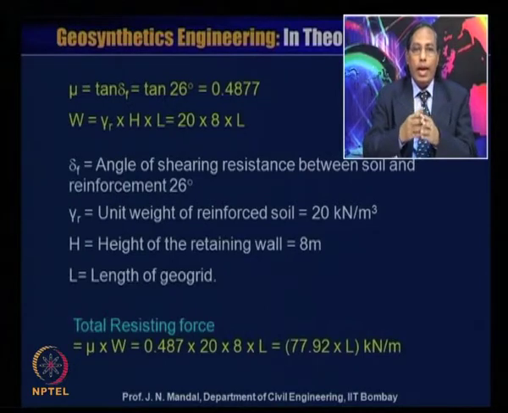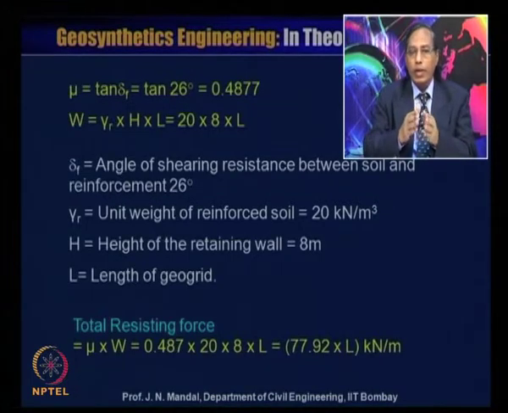Delta R is the angle of shearing resistance between soil and the reinforcement, that is 26 degree. Gamma R is the unit weight of the reinforced soil, that is 20 kilonewton per meter cube. H is the height of the retaining wall, equal to 8 meter. L is the length of the geogrid.